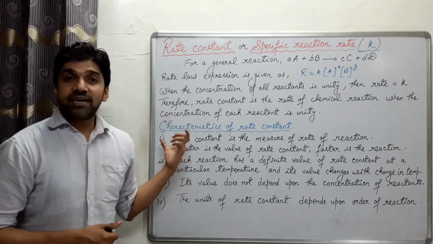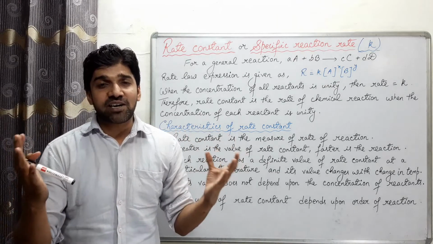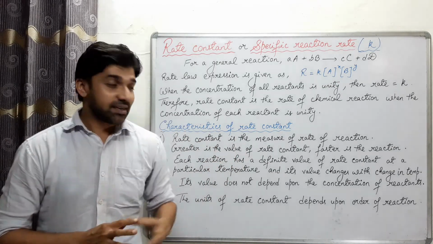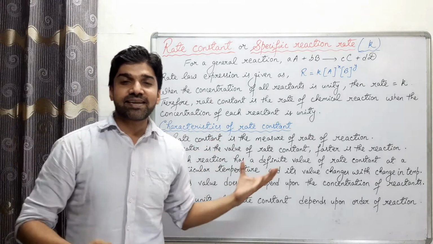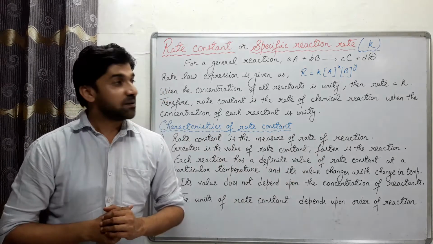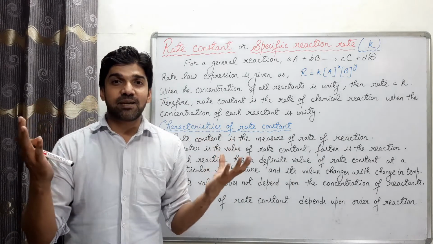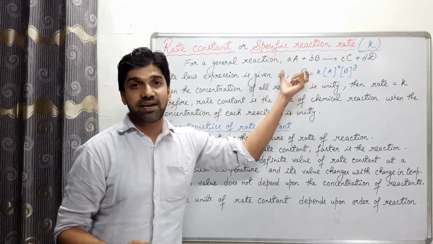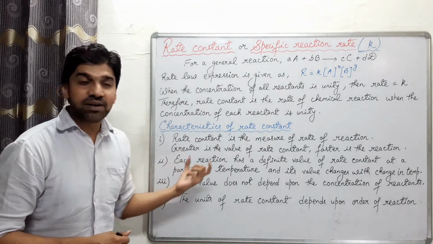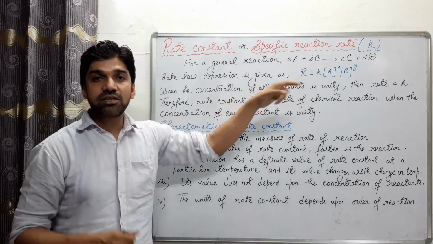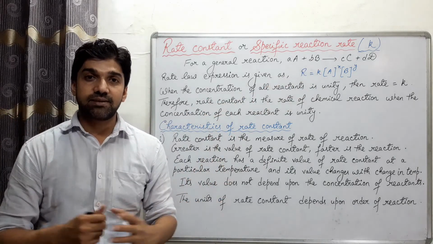Now come to the main features, the main characteristics of rate constant k. First, rate constant is the measure of rate of reaction. That means the greater the value of rate constant, the faster is the chemical reaction. Why? Because there is a direct relationship between the rate constant and the rate of chemical reaction. So the greater the value of rate constant, the faster is the rate of reaction.